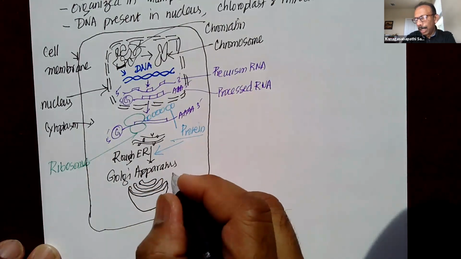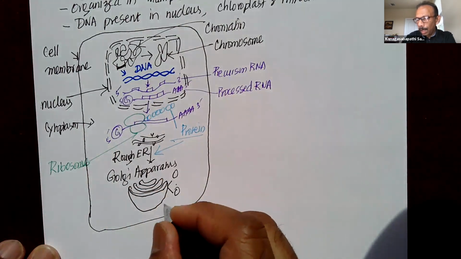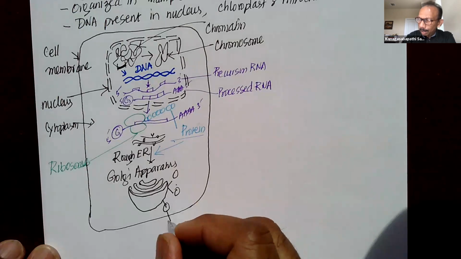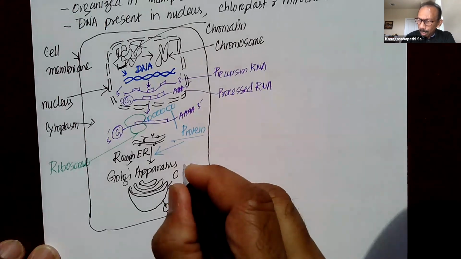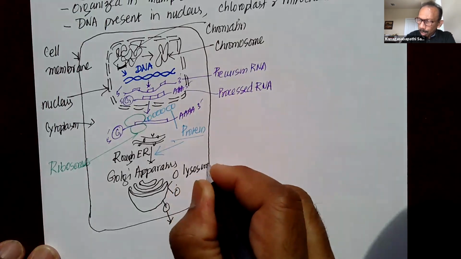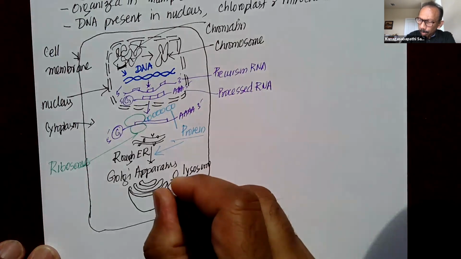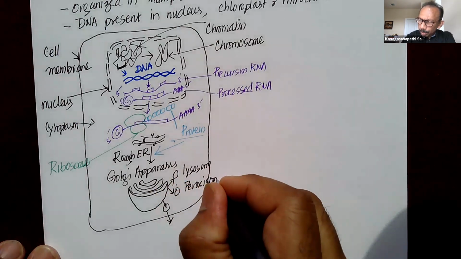Like that, that's a Golgi apparatus. And from the Golgi apparatus, they make these vesicles, and some of that will be secreted, and some of that will go to, say, lysosome or peroxisome, and so on. Okay. So they are shipped to these structures.